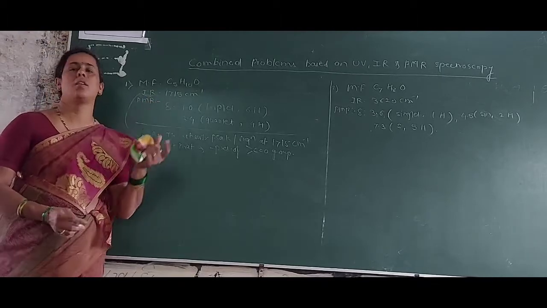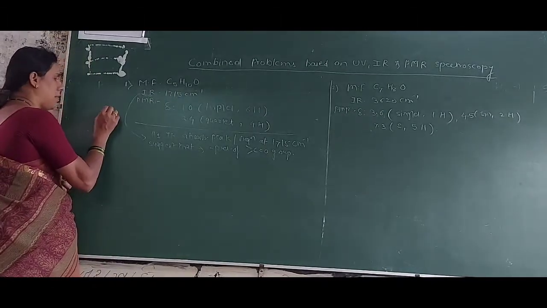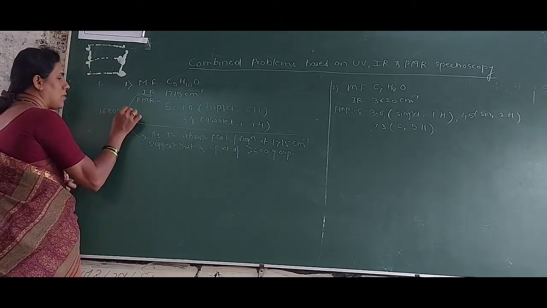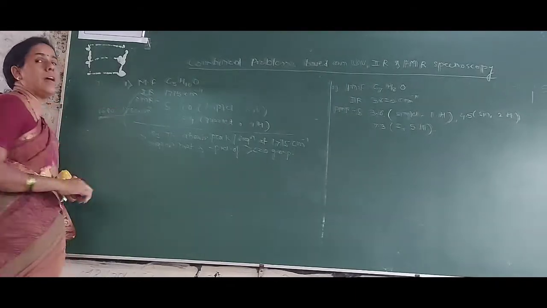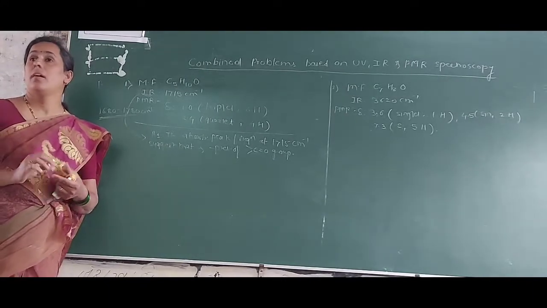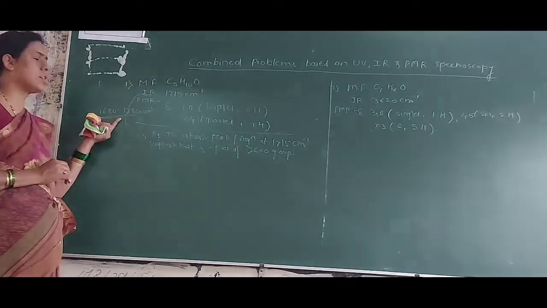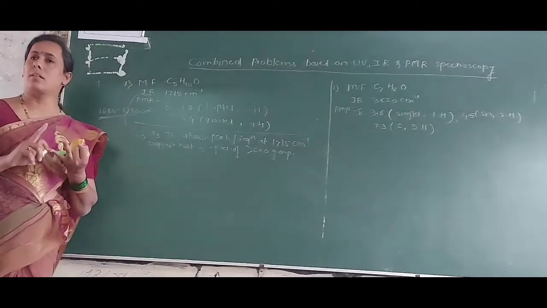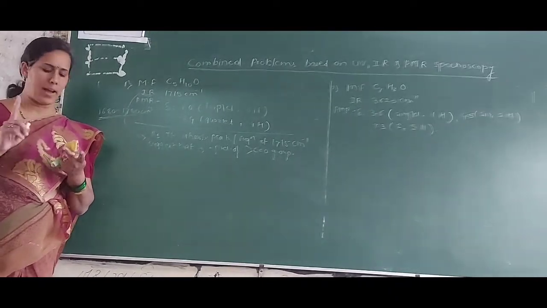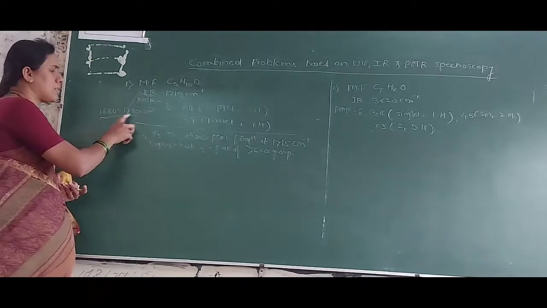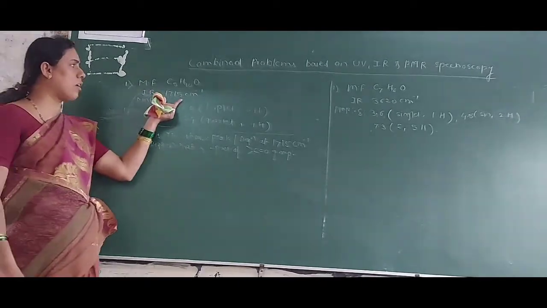The actual range for carbonyl compounds is 1618 to 1780 centimeter inverse, in which it may exist as a carboxylic group, ester group, aldehyde group or ketonic group.